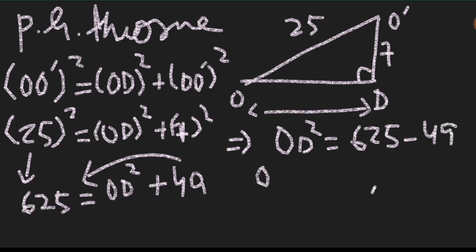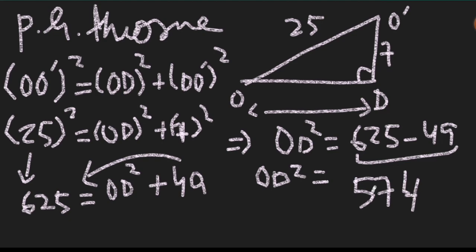Here OD square will be equal to, subtracting 49 from 625, we will get 576. Now OD square will be equal to 576, which is the square of 24, so we can write here 24 square.